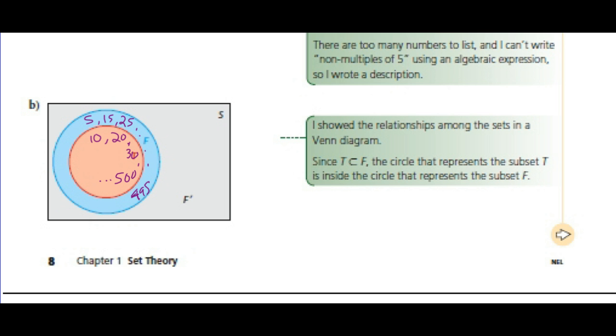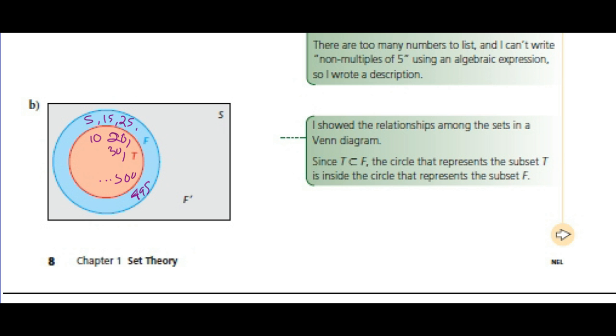All of these are inside F, but not inside T. Oh, I wrote over the T. So all of the ones inside F, but not inside T, will end in a 5. And all of the ones inside T will end in a 0.